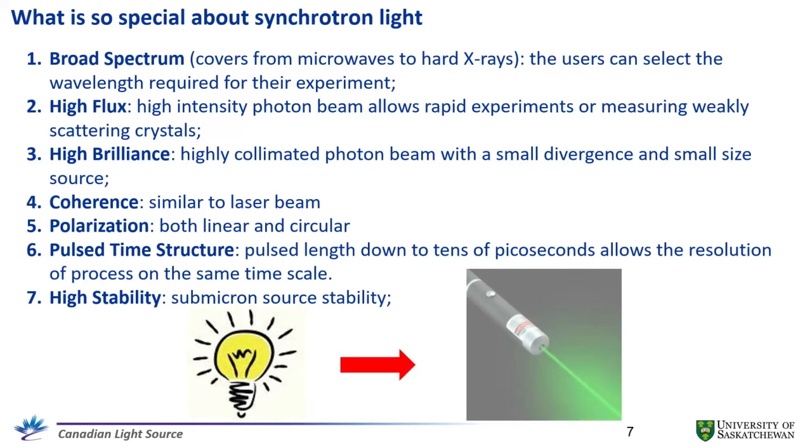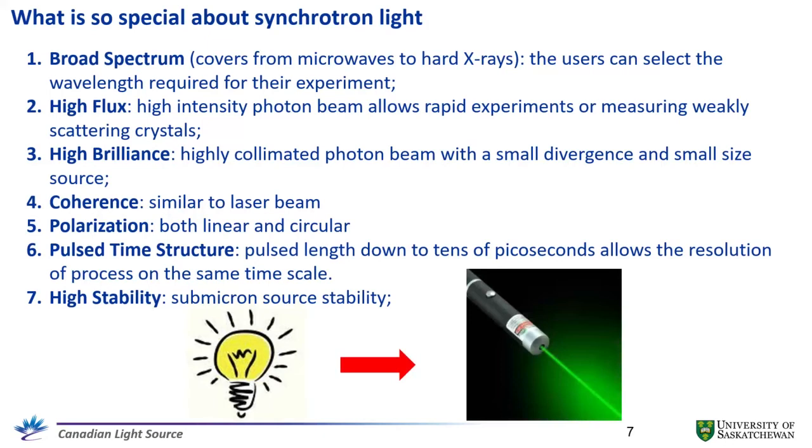In general, you can compare a lab source with a synchrotron like a light bulb to a laser. You can imagine that a laser has a very bright and very collimated beam, which is not possible for a light bulb.